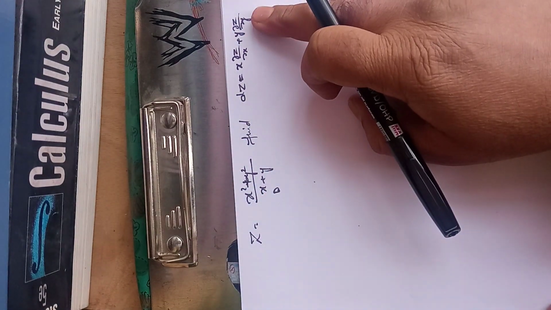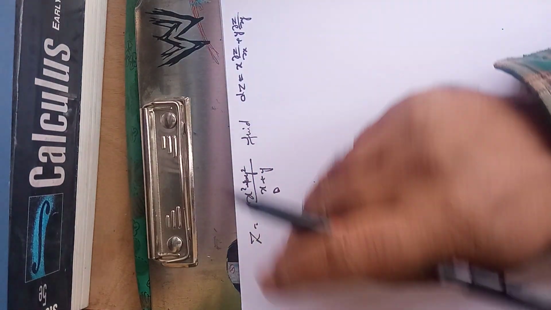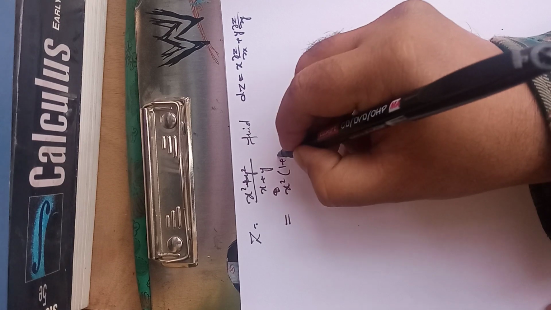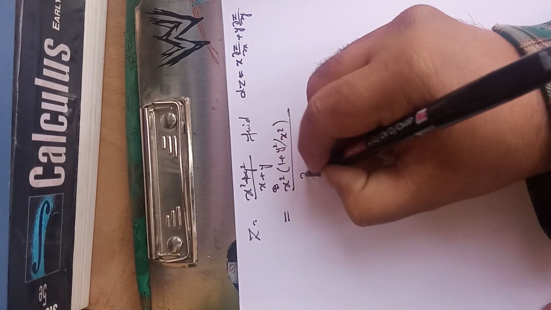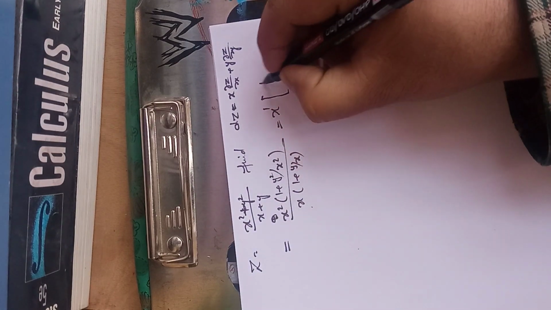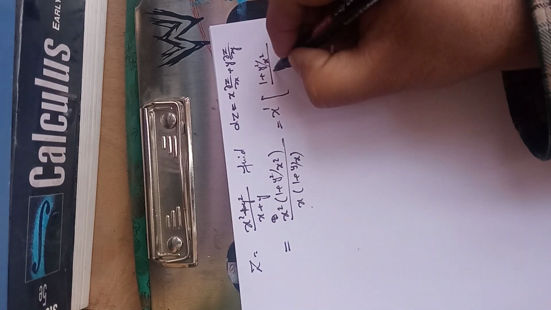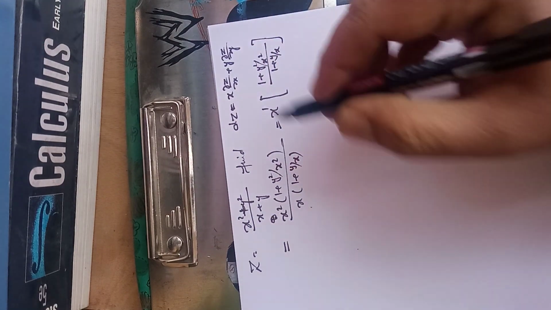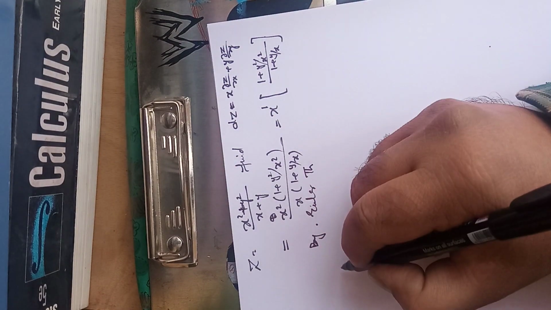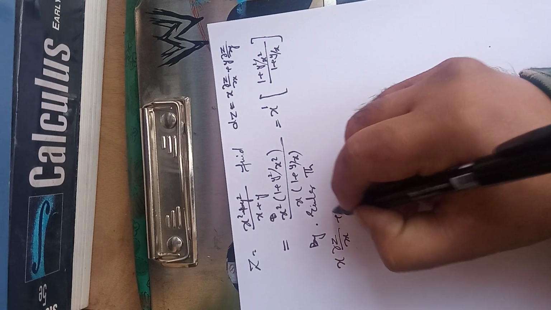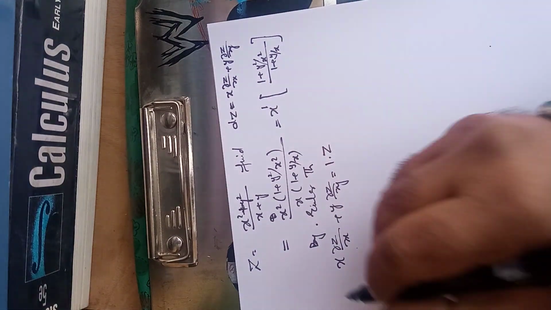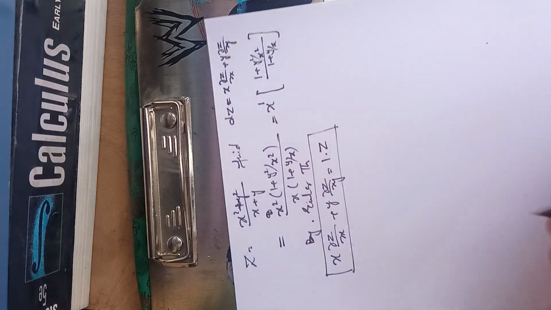Then partial differentiation with respect to y, this will be again a huge one. So what I will do, I can write this as x square times (1 plus y square by x square) over x times (1 plus y by x). This is nothing but x raised to power 1 times a function of y by x. So n is 1. By Euler's theorem, x del z by del x plus y del z by del y is n times z. So you have this. You don't have to find partial derivatives.